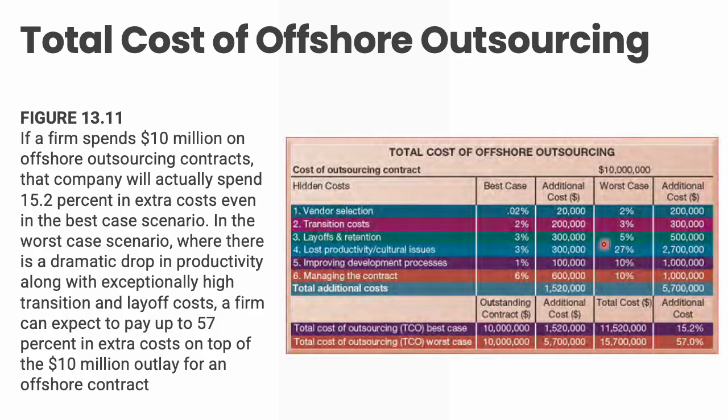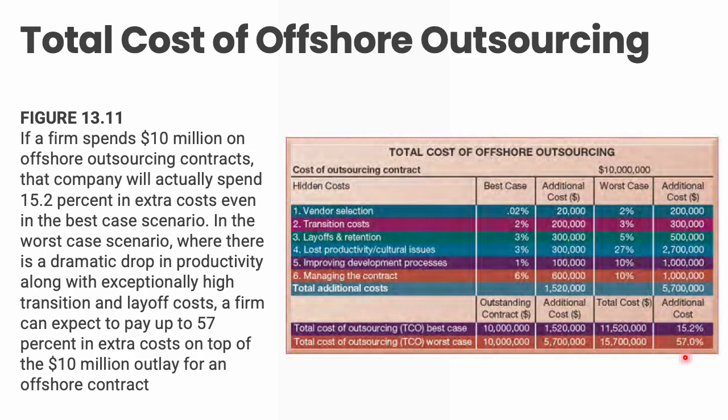In the worst case, if things go badly, like poor communication, low productivity, or high costs to fire local staff, the extra cost could be as high as 57%, and that's 5.7 million more.